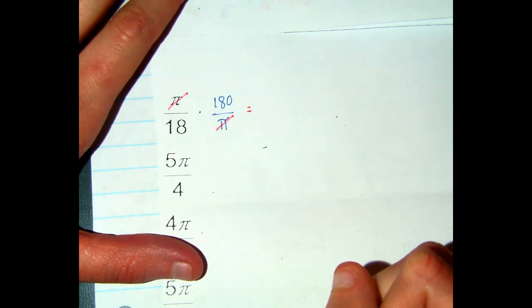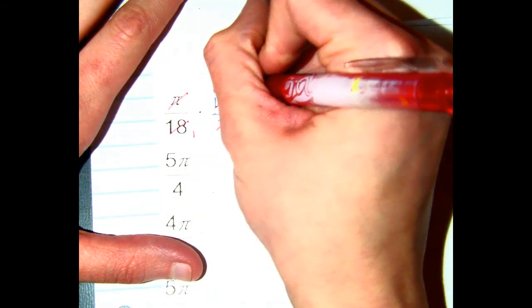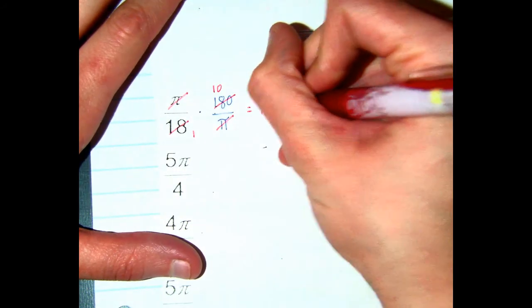Okay, then I have to reduce 180 over 18. 1 over 10, and that becomes just 10 degrees. Pi has to be there so it will divide out.